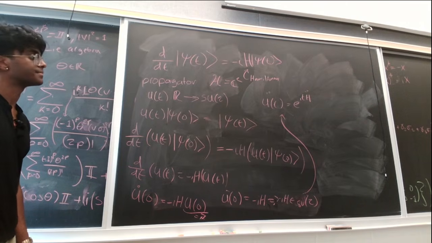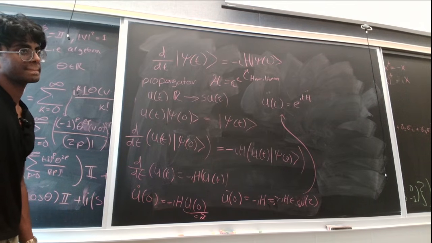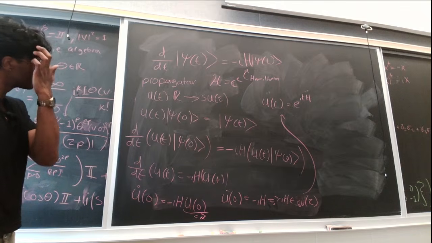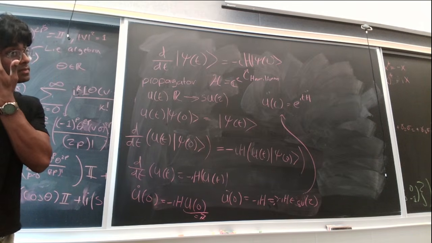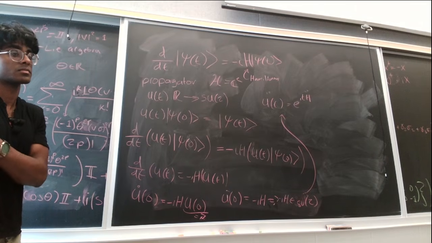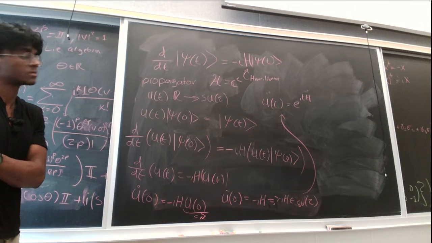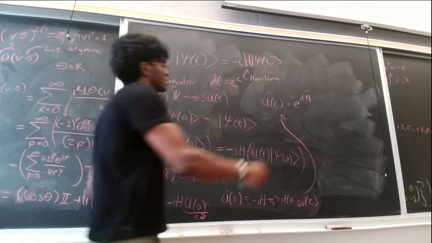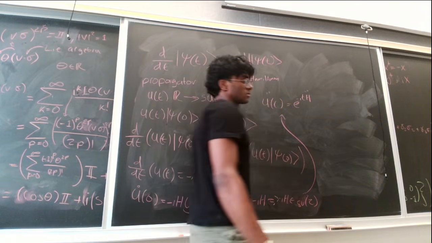So flow in time along this iH, the solution to that equation has to be the exponential e to the itH. Is there a minus sign? There should be a minus sign, yeah. That's right. Beautiful.